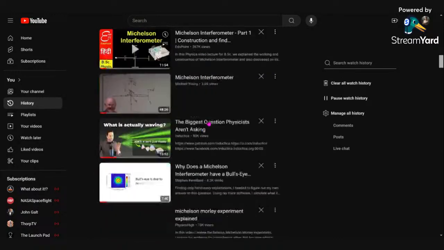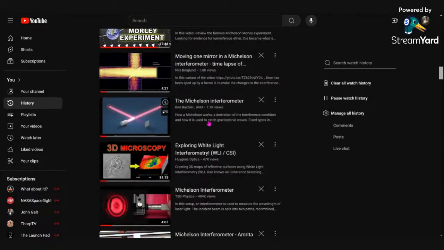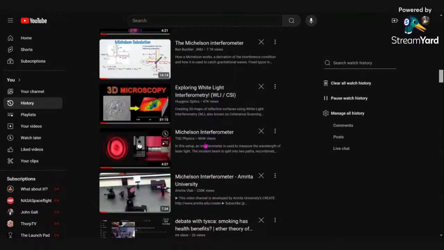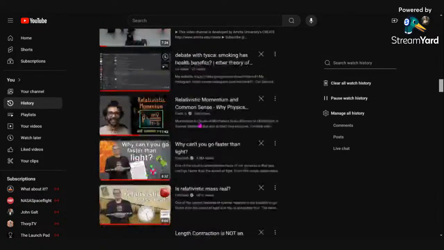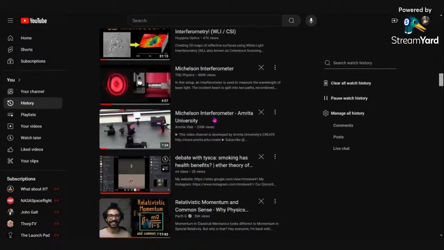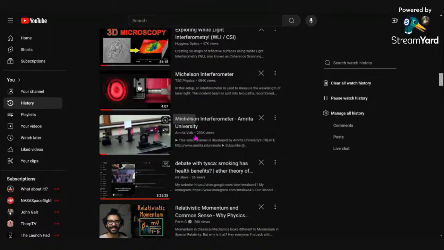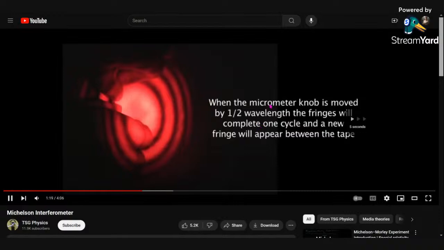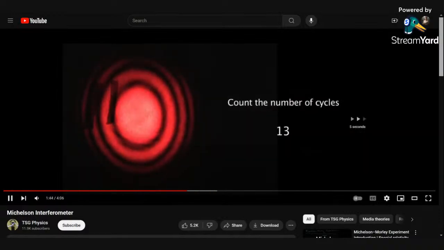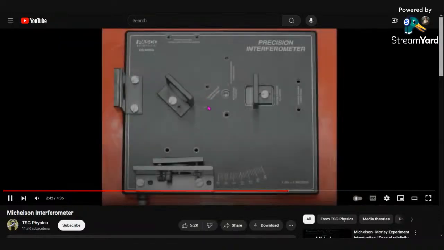It was the first one. No, it wasn't this. It was a similar one. I think this is the apparatus. This one. In this one, they calculated, oh, it's red light. They counted, calculation, it's red. There it is.